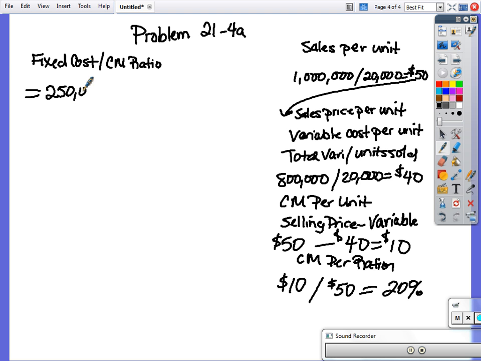And we need to divide that by what? 20%, which is the contribution margin ratio, which gives us what? $1,200,000. Okay, good.